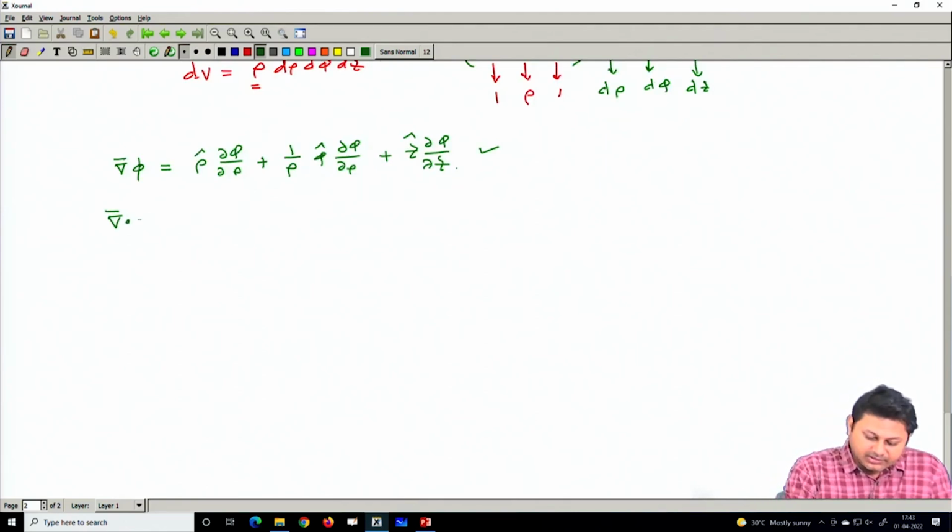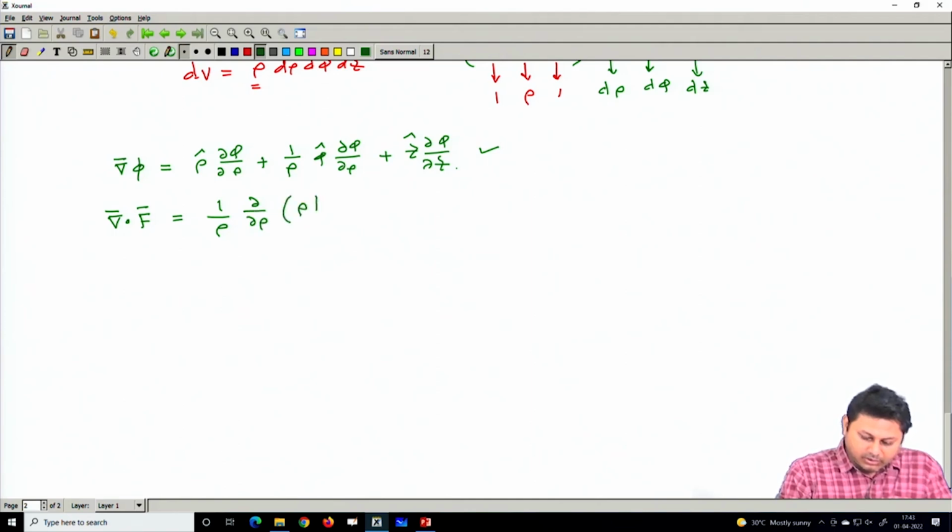Next, what is the expression of the divergence? The expression of the divergence is this: 1 by rho and then del del rho of rho f rho, where f rho is the rho-th component of the vector field f.